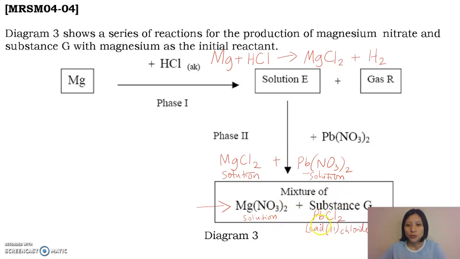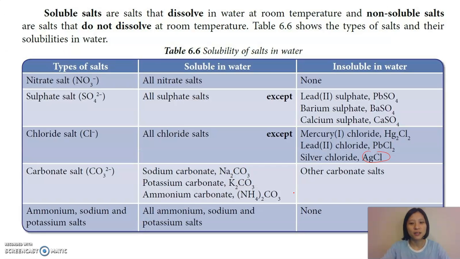It also produces lead-2 chloride. We want to see, is this lead-2 chloride soluble or insoluble? We look at this again. All chlorides are soluble except for PAH. Pb, that's lead-2 chloride. So lead-2 chloride is insoluble.